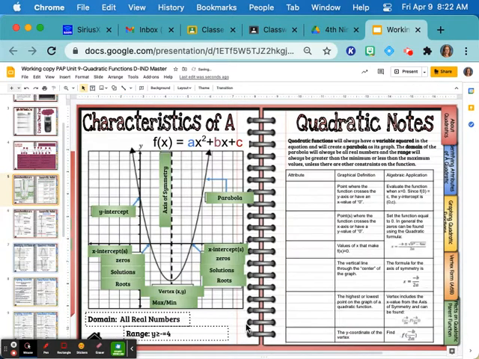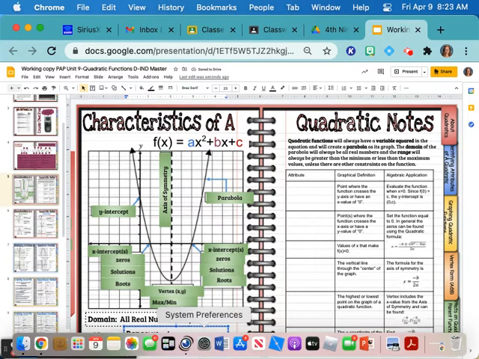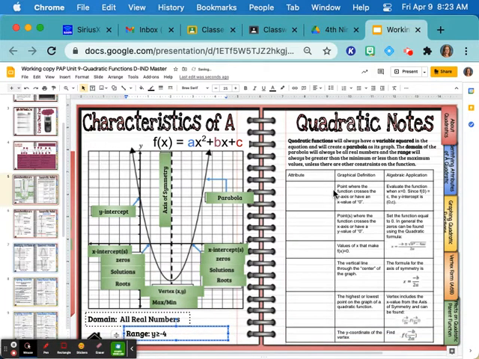Oh, I switched slides on accident. All right. I have that extra equal in there for some reason. There we go. All right, then on the other side of slide 5, quadratic functions will always have a variable squared in the equation and will create a parabola as its graph. The domain of the parabola will always be all real numbers. You see that?